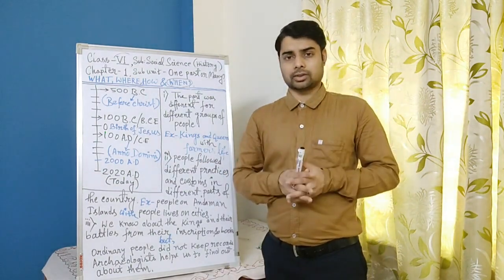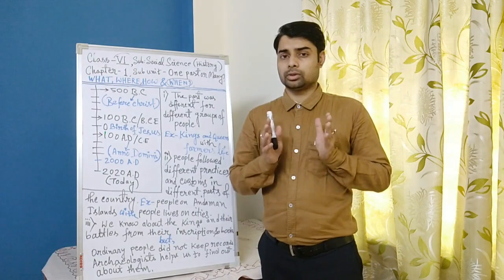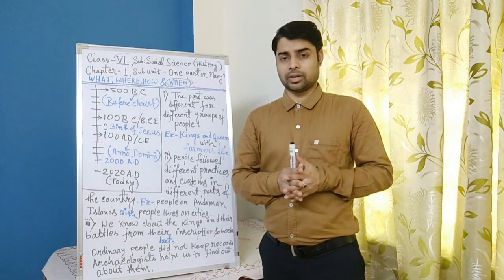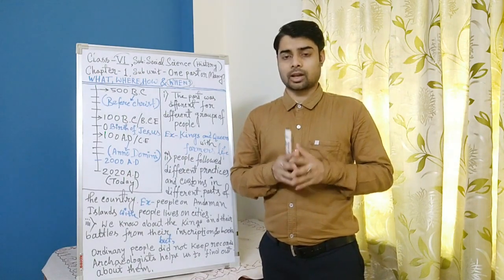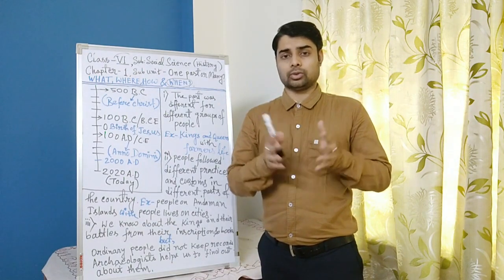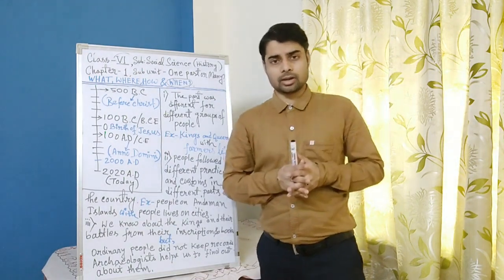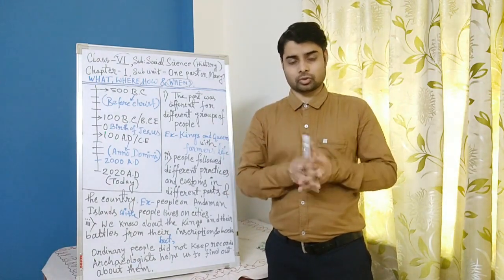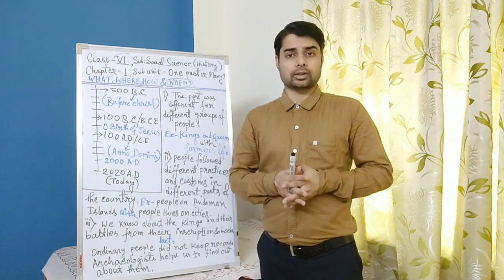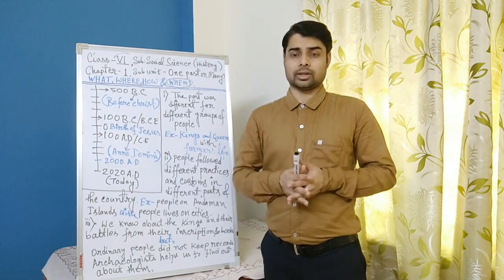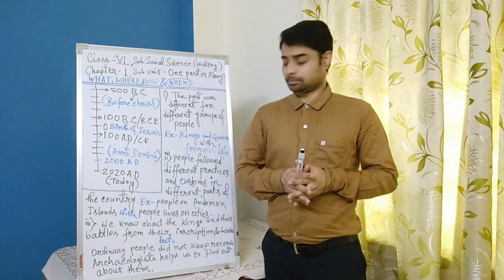So when we write the history of a king, we should find those equipment and sources that are available for the kings, and we can collect history from the stories of kings. But in the farmer's case, we have to use the archaeological evidence and equipment used by those farmers.